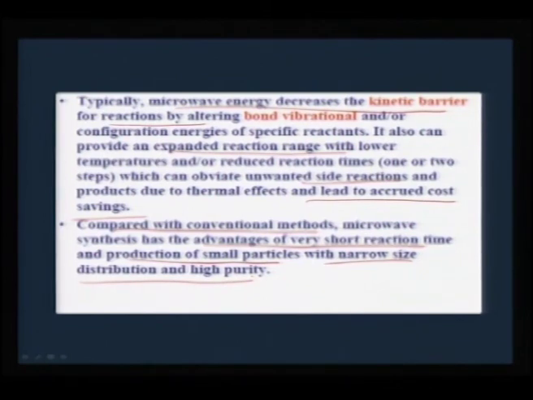For those of you listening, I am limiting the use of microwave only to inorganic materials, but it is a big ocean, because more than 10,000 papers are recorded on microwave synthesis alone, where a variety of organic synthesis has been achieved, and in organic synthesis usually it is the selectivity and the yield which is very important, and this has been enhanced using microwave synthesis.